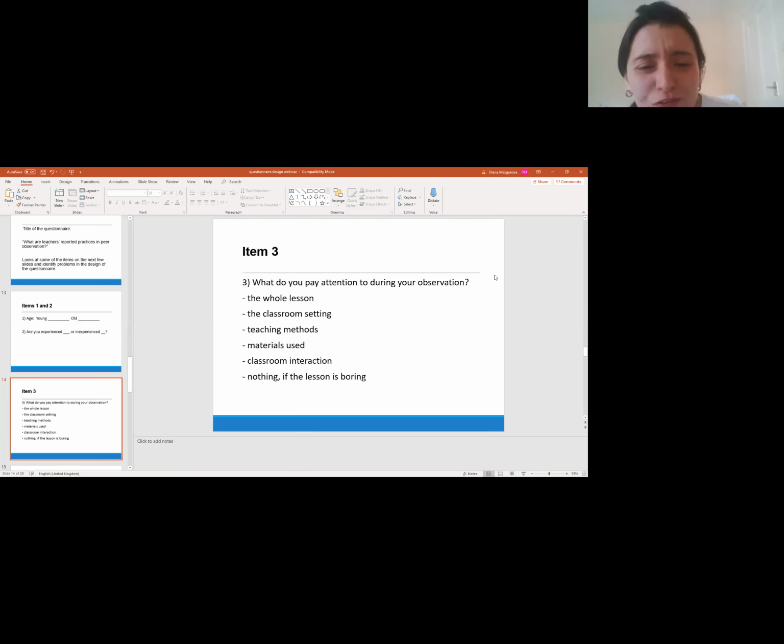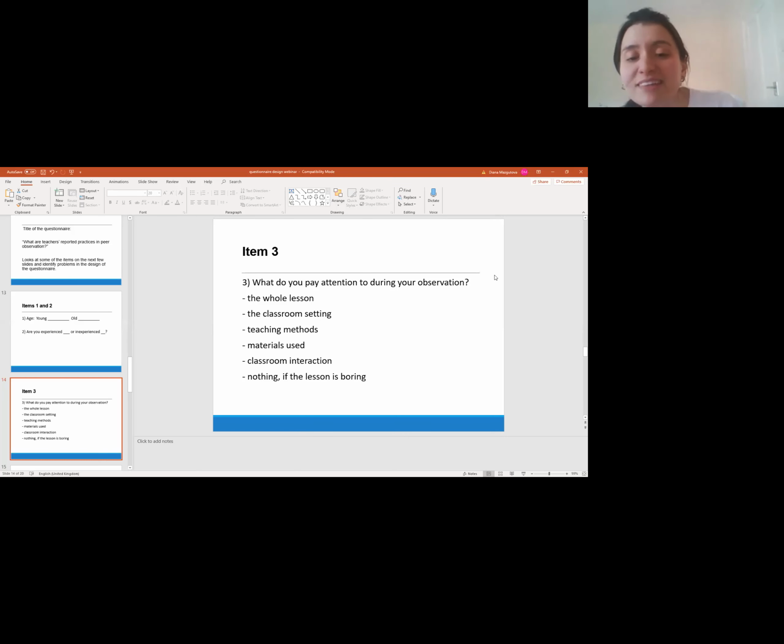How about the first one, for example, the first option, the whole lesson. Does the whole lesson include the other options, or is it a separate option? For me, it was a bit confusing when I saw this option. Does it contain the classroom setting, the methodology, the materials, or what do we mean here by the whole lesson? Or the procedure only? So it's not very clear to me. So perhaps it could be one of the last items, or the one before the last, which says all of the above, or everything.